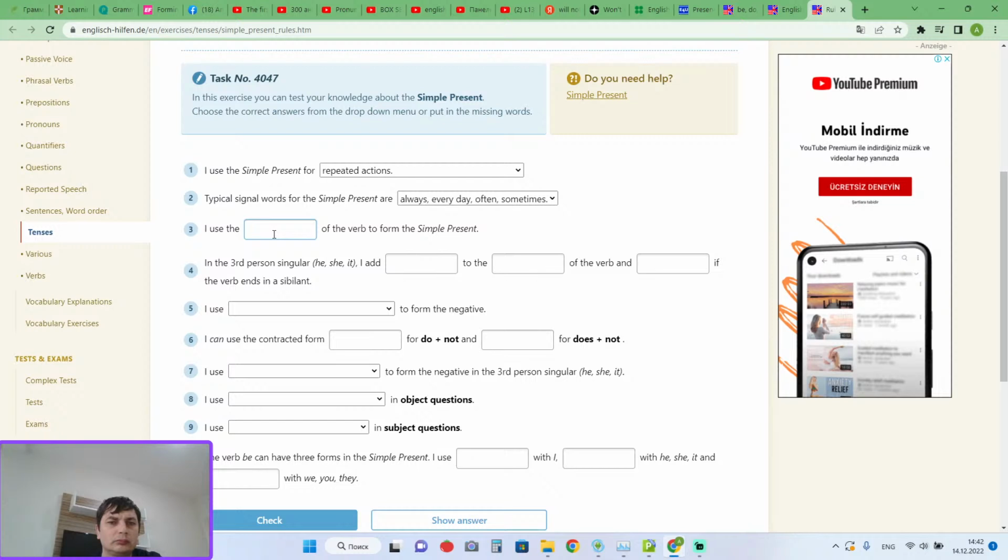I don't remember how we use the infinitive without to, but what is its special name? I don't remember. Okay, in the third person singular he, she, it, I, it, s.